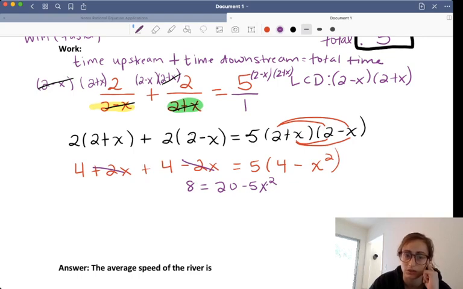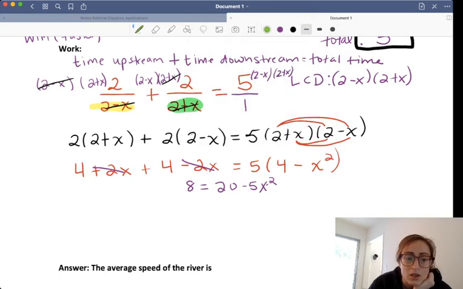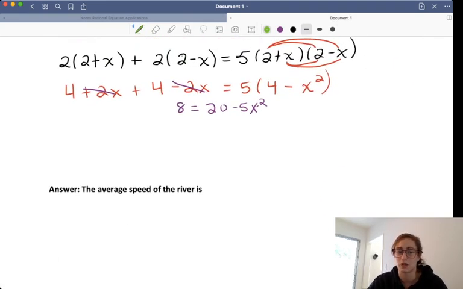Now I don't have 3 terms, so I'm not going to use the diamond. This is actually going to be a tiny bit simpler. I'm going to just get the x by itself. I'm going to subtract 20 from both sides, so it's going to give me negative 12 equals negative 5x squared.